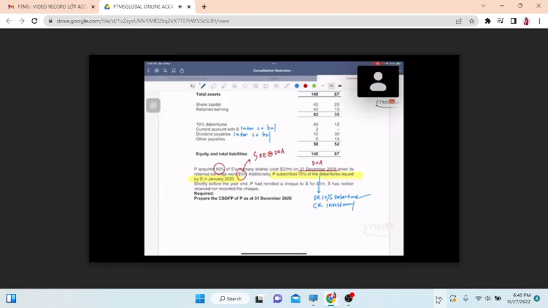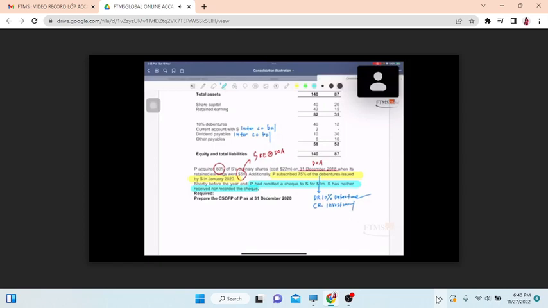Okay, right. Then next, shortly before the year end, P had remitted a check to S for 1 million. S has neither received nor recorded the check. So this is actually cash in transit, right?